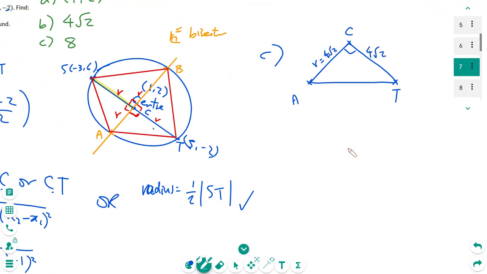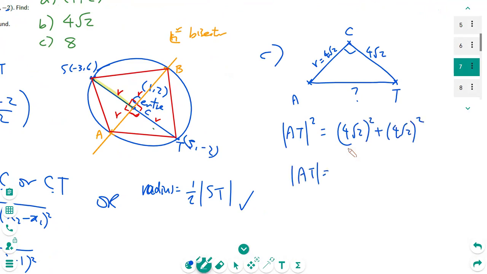So we find AT. Using Pythagoras, AT squared equals (4 root 2) squared plus (4 root 2) squared. So the distance AT will be the square root of (4 root 2) squared plus (4 root 2) squared. Put it in a calculator, you should get 8.